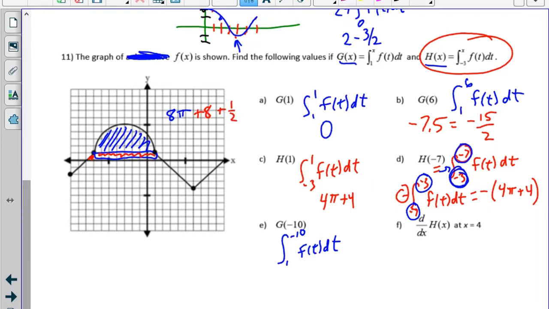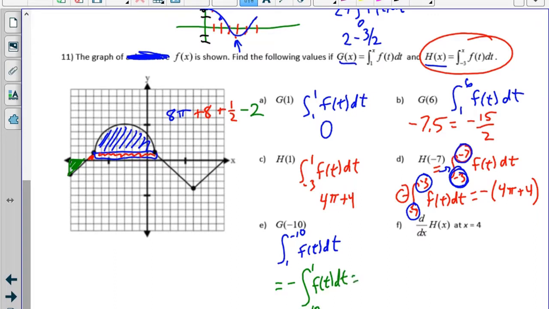And then we also have this triangle over here, which has area 1/2 times 2 times 2, and that's underneath the axis, so I'm going to subtract it. But again, since I have the integral from 1 to -10, that's equal to the opposite of the integral from -10 to 1 of f of t dt.